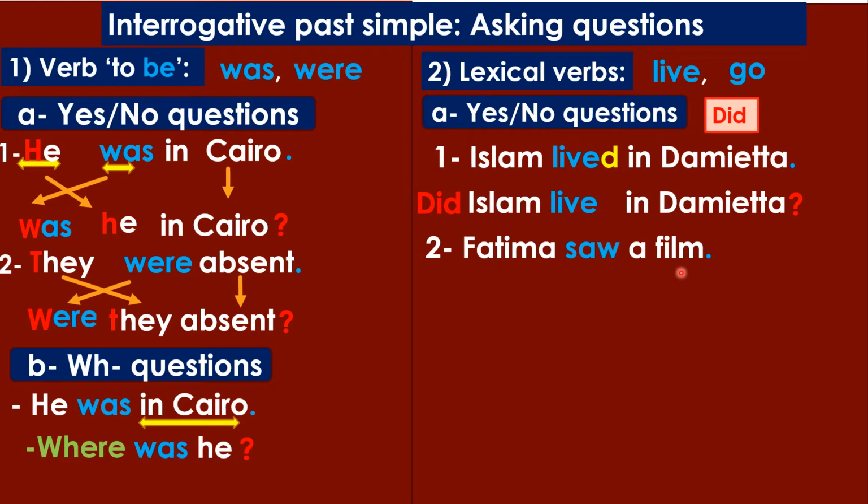Fatma saw a film, and so, as I said, saw is an irregular verb. So what we're going to do is the following. We're going to use did, and again, we're going to have the same sentence. Did Fatma saw a film? Of course, we're going to change saw into see. This is the infinitive. And again, we're going to delete the full stop and add a question mark.